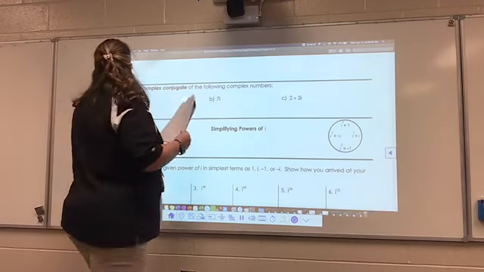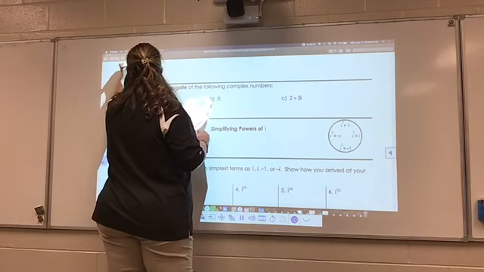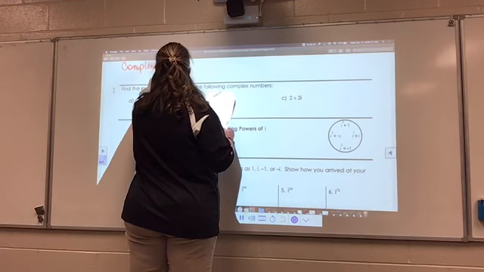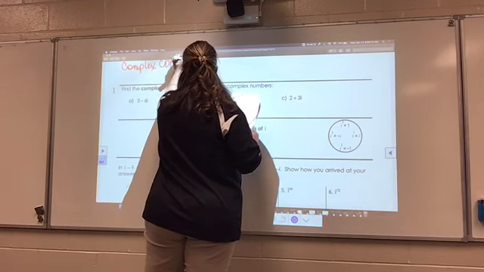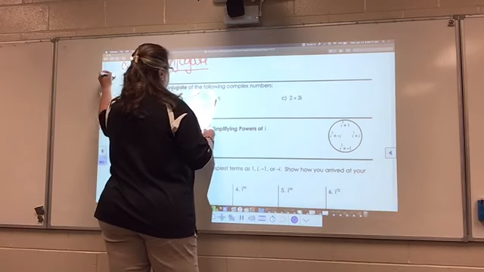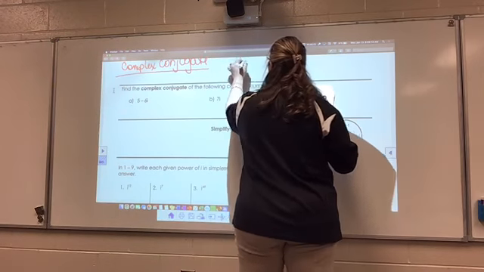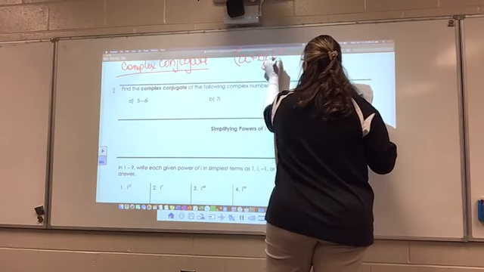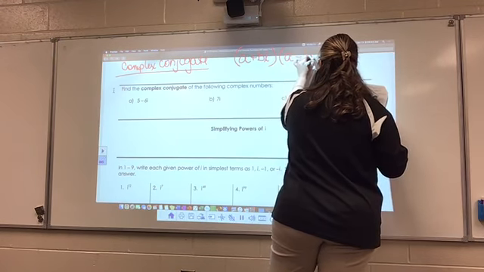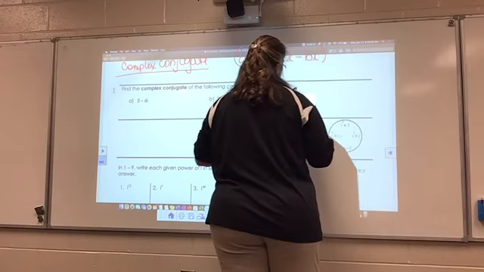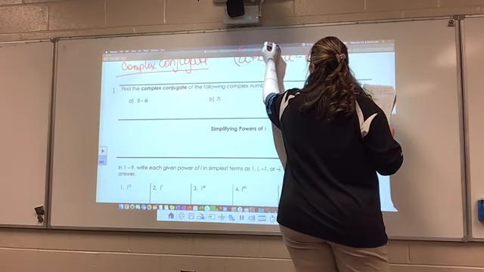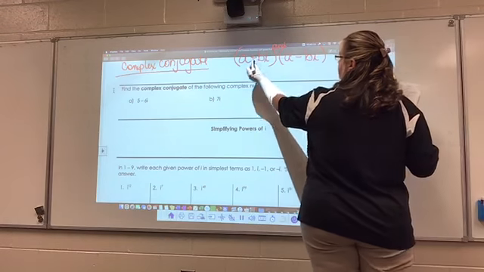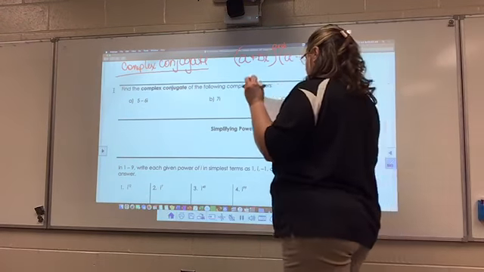All right, so this is where we would talk about, well, what is a complex conjugate? This is when you have a plus bi, and then you have a minus bi. So whenever you have something like that, these two are complex conjugates of each other.